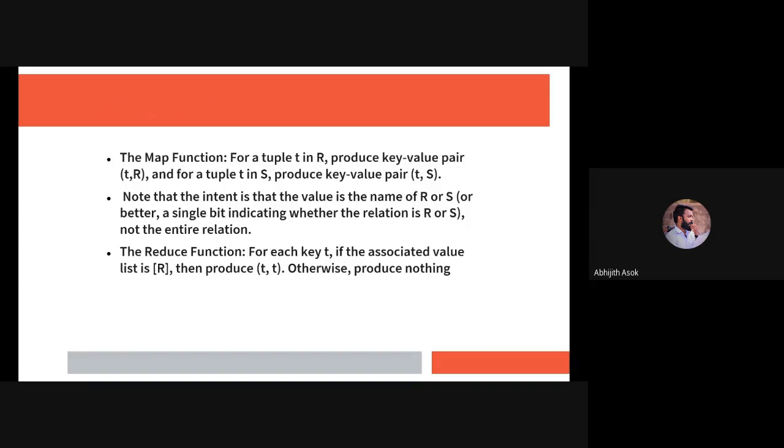So in the map function, for a tuple t in R, produce the key value pair t, R, and for a tuple t in S, produce the key value pair t, S. For the reduce function, for each key, if the associated value is R, then produce t, t; otherwise produce nothing.